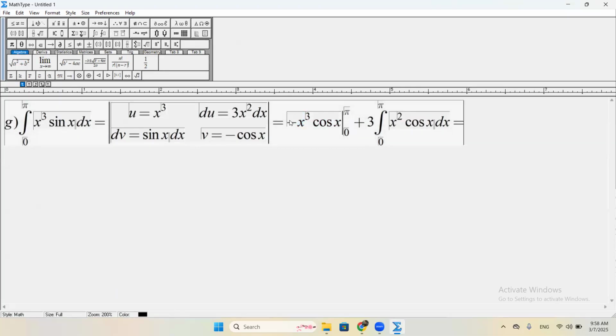So this expression equals pi cubed. And then plus this integral. Now we can continue integration by parts.